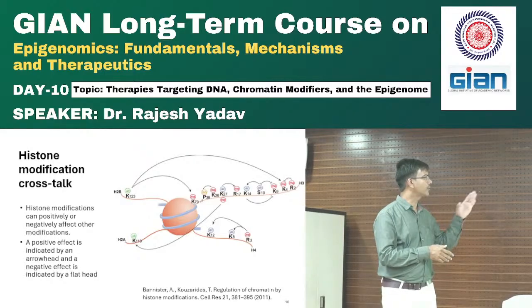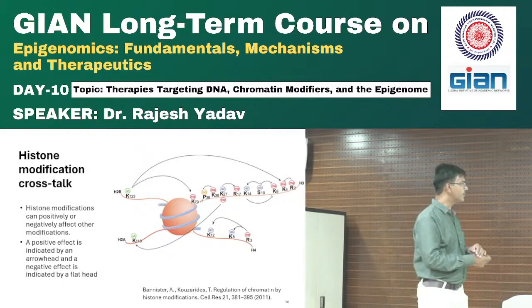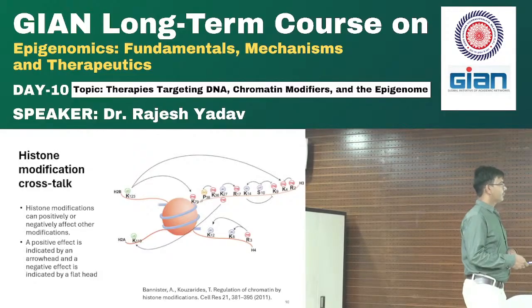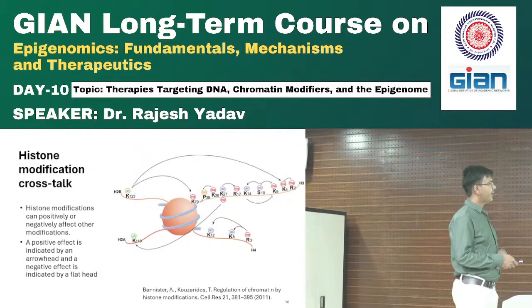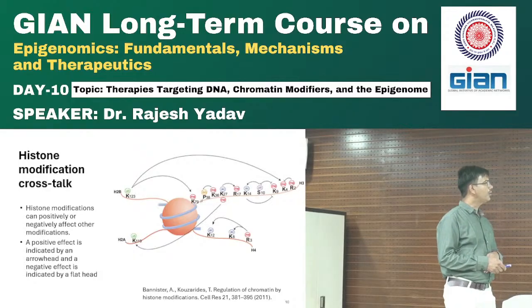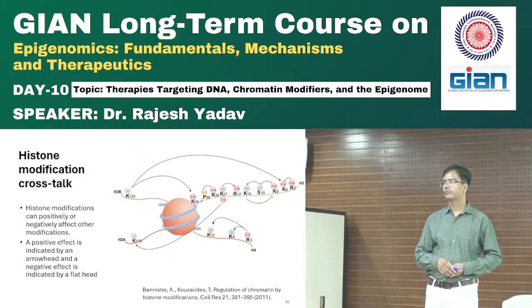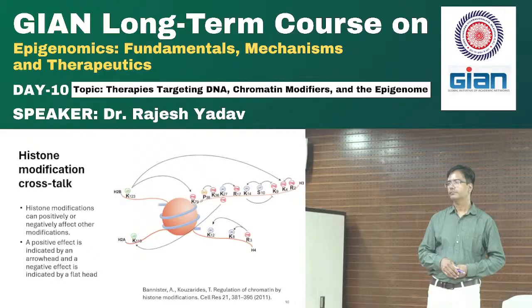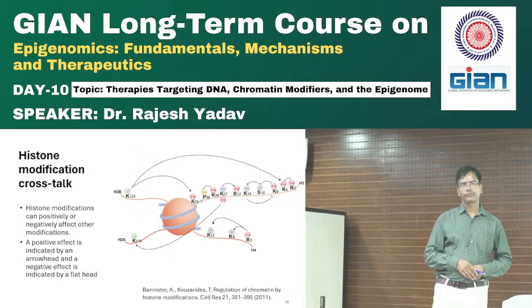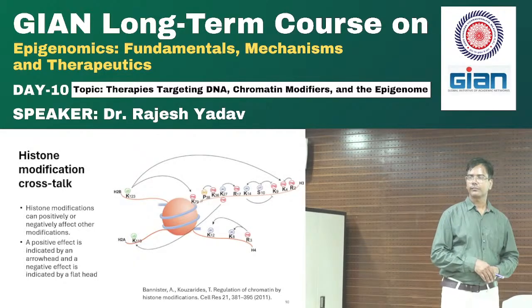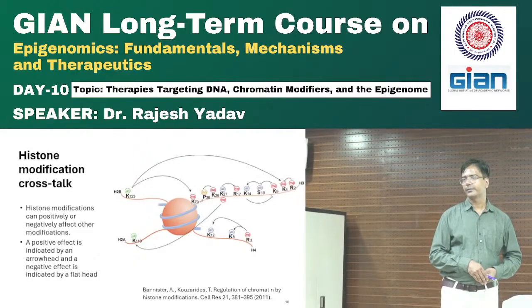So this is going to solve the problem. Let's focus on any example. You can say K9. Let's focus on the K9. So K9 trimethylation is there, transcription is off. So if I want to make the locus active, what will I do? We can erase the K9 methylation. Perfect.